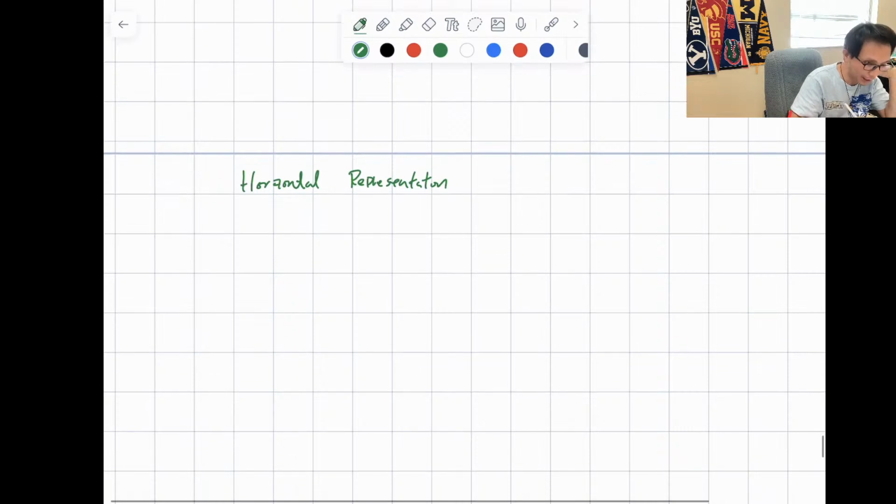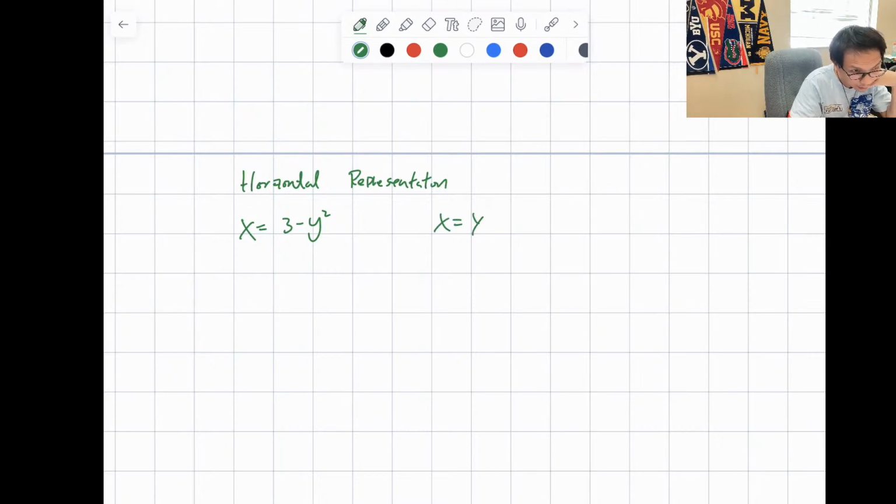What do I mean by that? Well, I can have this function say x equal to 3 minus y squared, and x equal to y plus 1. Now, how many of you know how to graph 3 minus y squared? Yes, Josh? Isn't it like when it faces to the left?